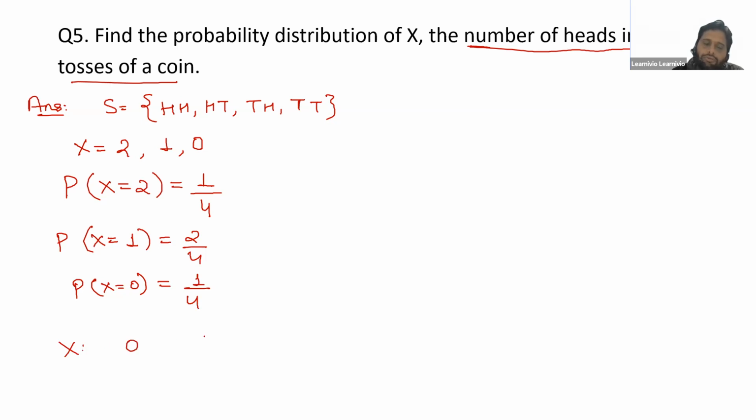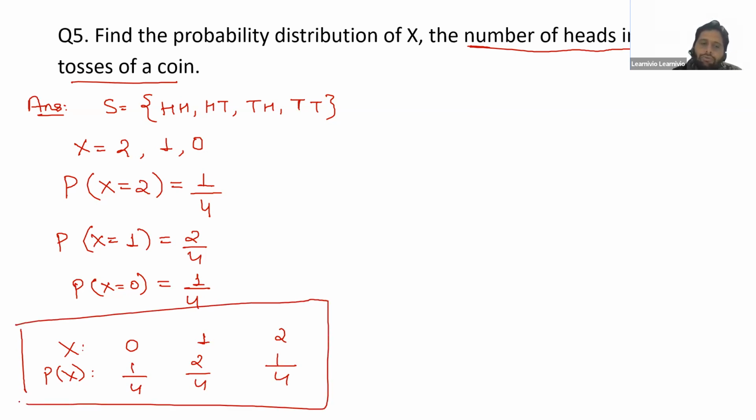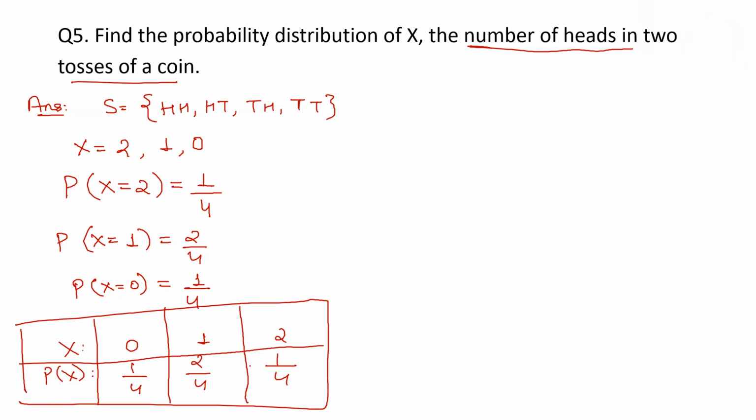So what is the distribution? X is 0, 1, and 2, and the probabilities: for 0 it is 1 by 4, for 1 it is 2 by 4, and for 2 it is 1 by 4. So this is your probability distribution. I hope it is clear to everyone. Sir, we get 1. Yes, you can see the sum of the probabilities is one.